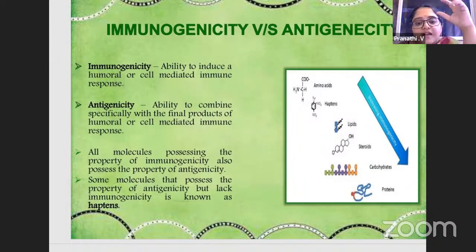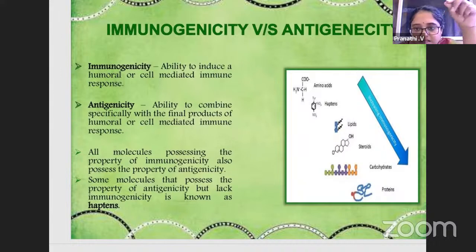All the molecules that have the property of immunogenicity also have the property of antigenicity. Meaning an antigen can be anything, but it can be called an immunogen only when it triggers an immune system reaction. Some molecules have only antigenicity, but they do not trigger the immune response in our body.